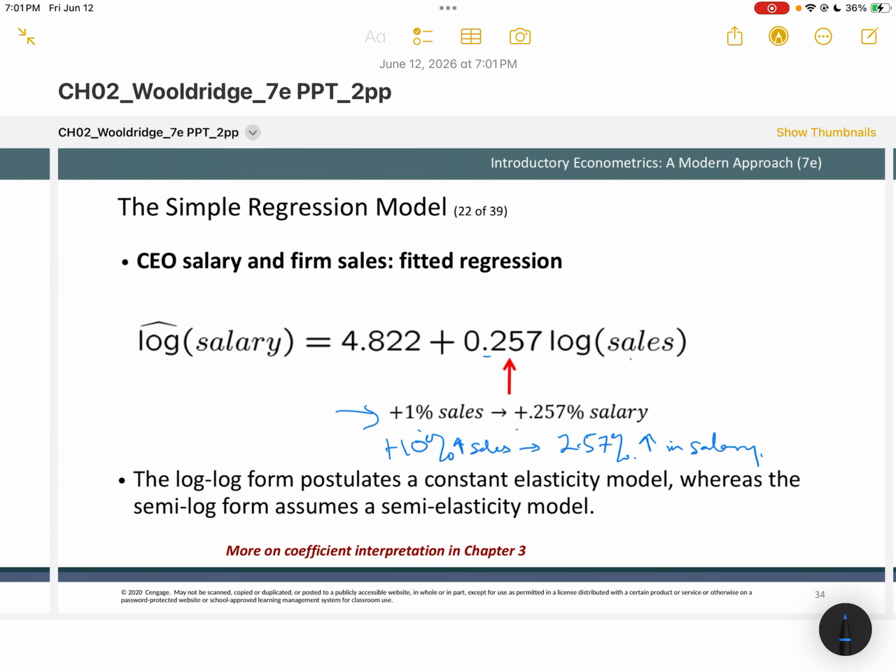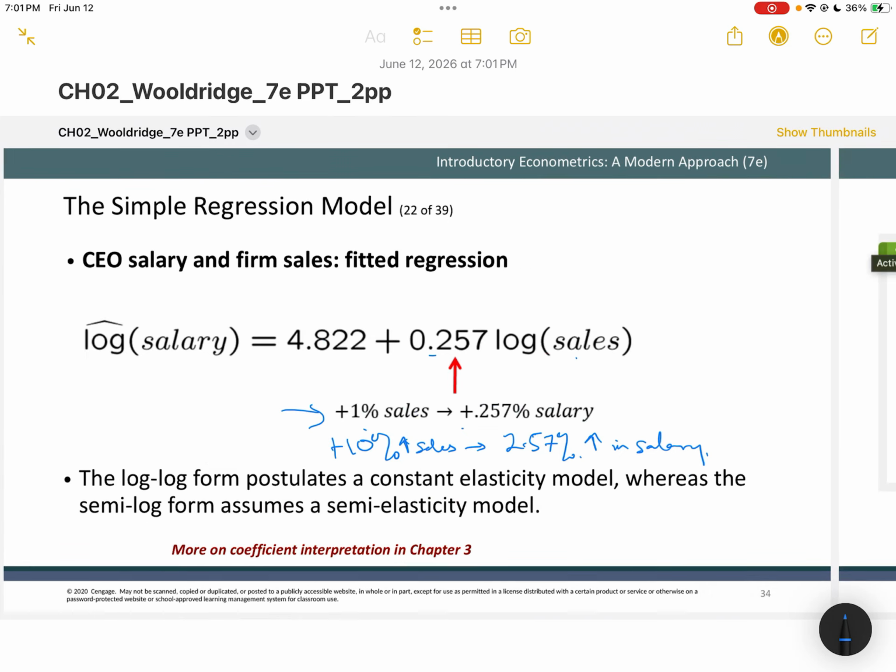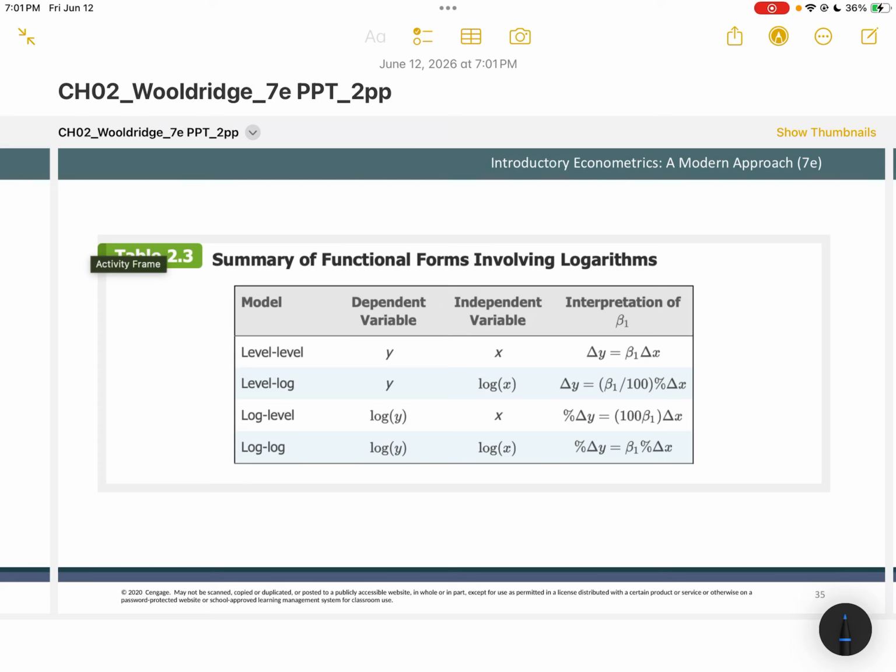Again, we will run into this again in chapter 3. Here is a summary of the various functional forms that our equations can take: the level form, the log level form, the level log form, and the log form.